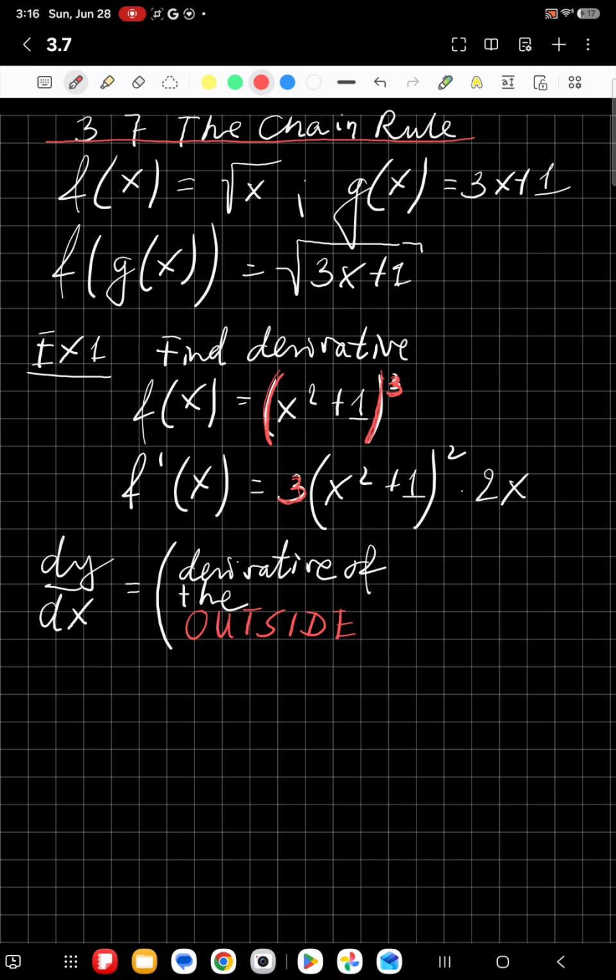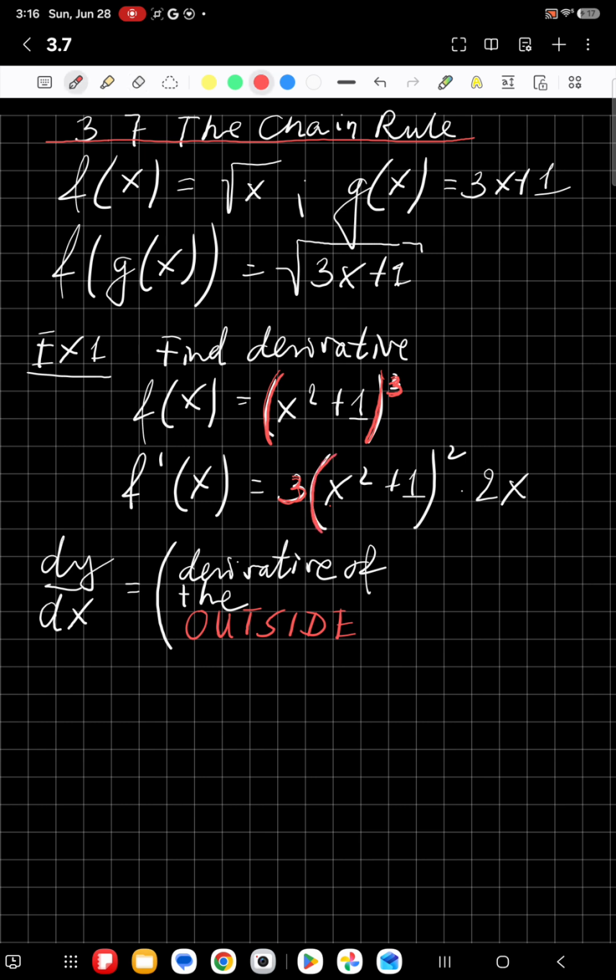In a sense, we're pretending that this is a variable, and it's that variable to the third power, and you're calculating the derivative of that.